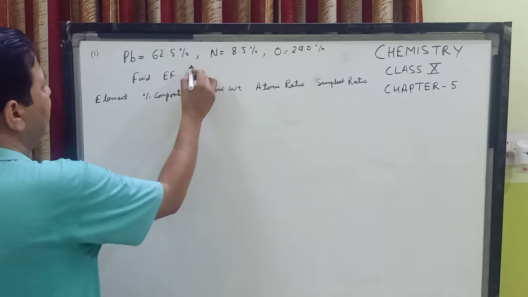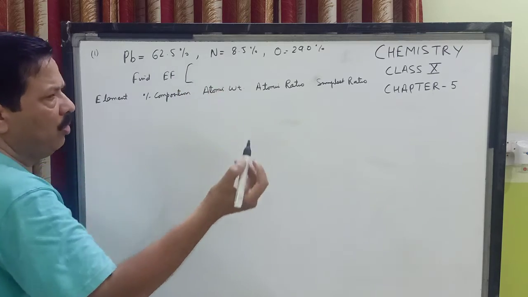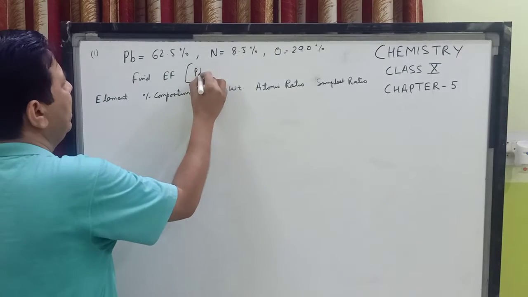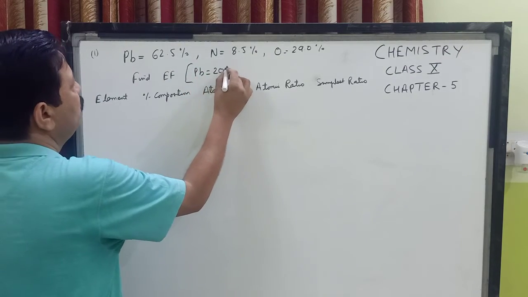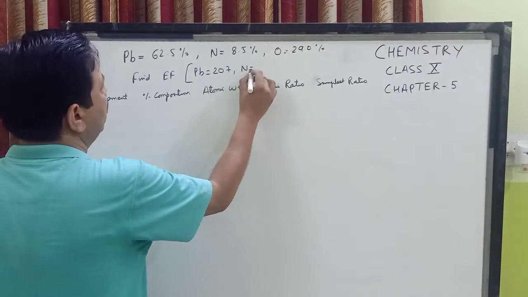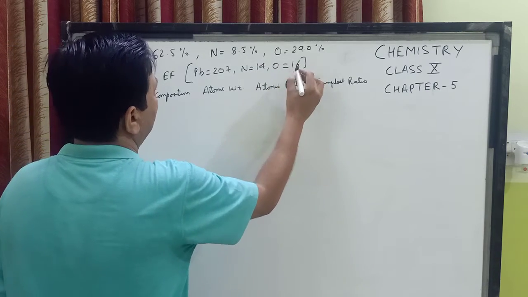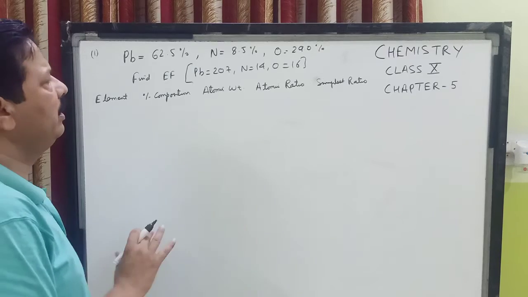And children, whenever empirical formula or molecular formula or percentage compositions are asked, the atomic weights are also given. Lead is 207, nitrogen is 14, and oxygen is 16. After doing a few programs, you will learn these also.